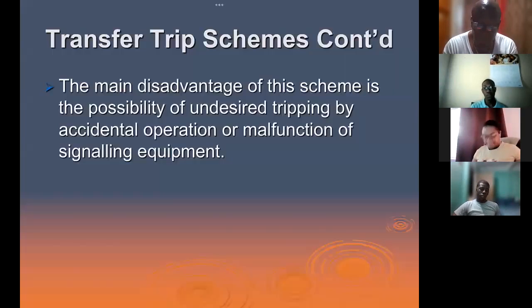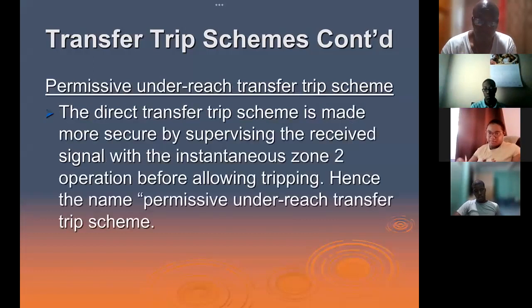But anyway, we can modify this system by including what we refer to as a supervisory function. And this is now known as the permissive underreach trip scheme.